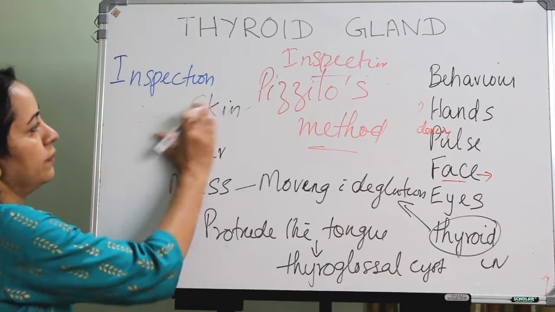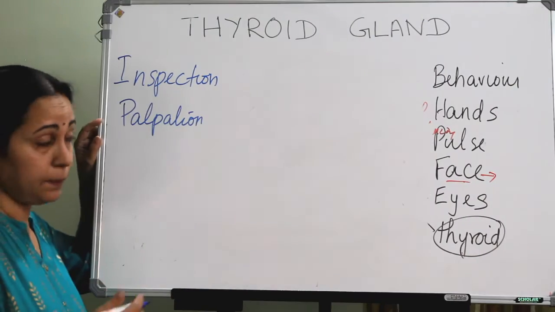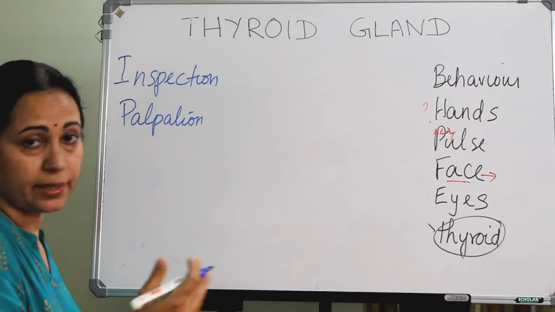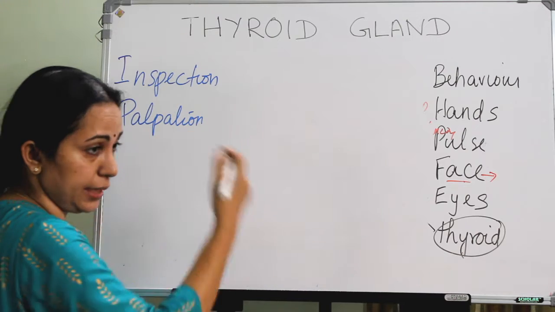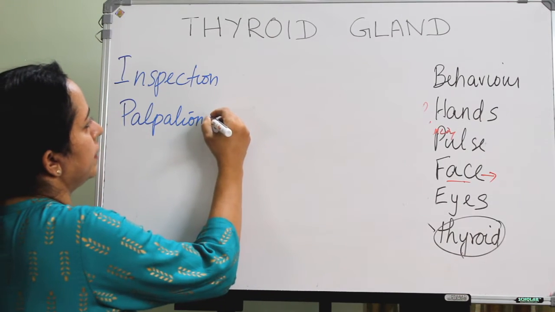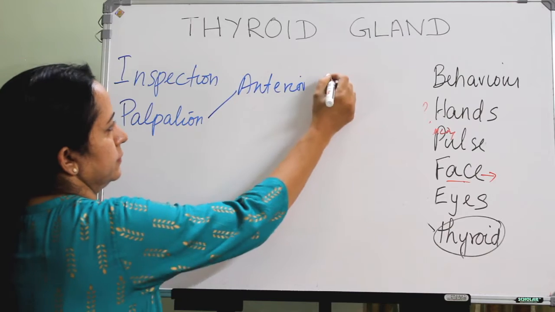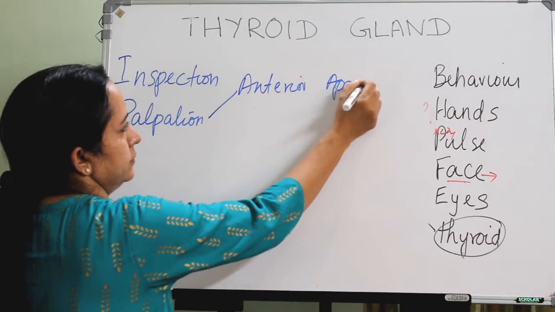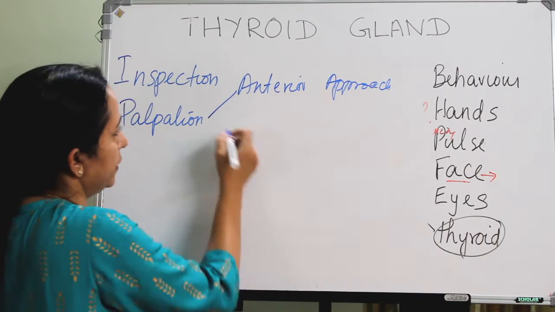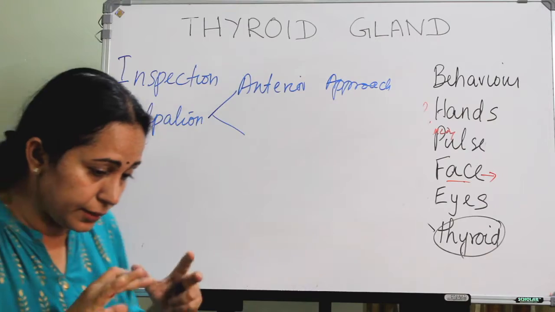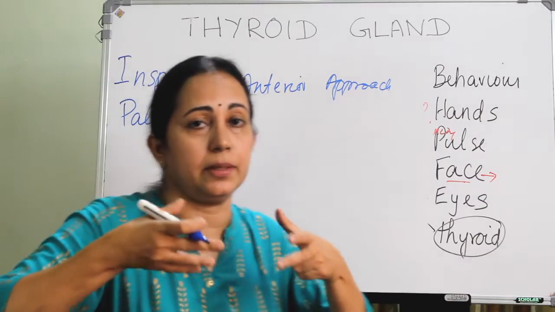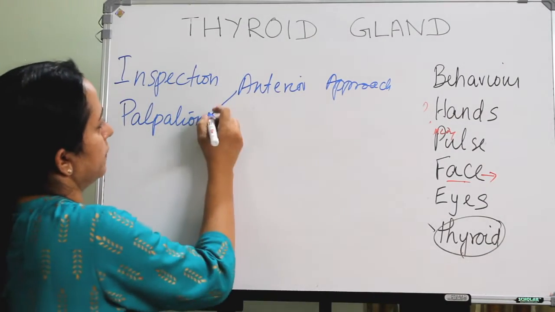Then next we have to palpate. For palpation, there are two methods: standing in front of the patient, which is the anterior approach, and standing behind the patient and examining, which is the posterior approach.